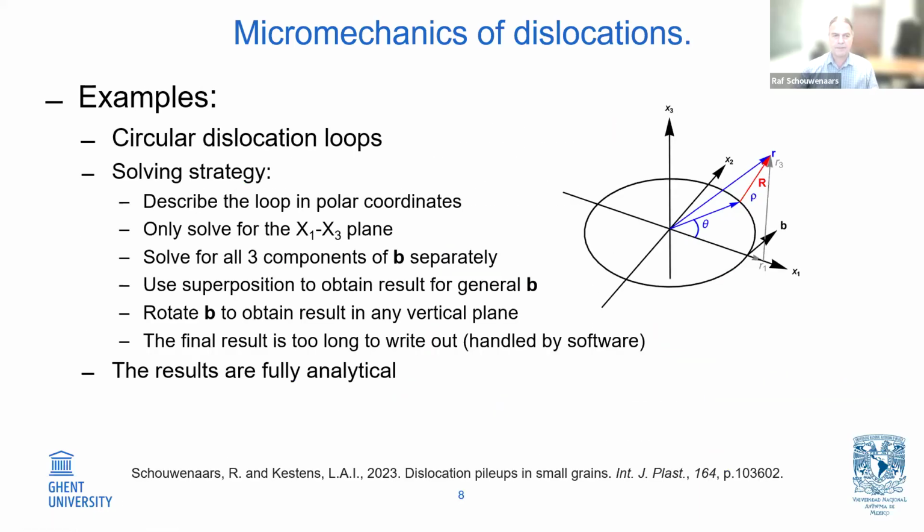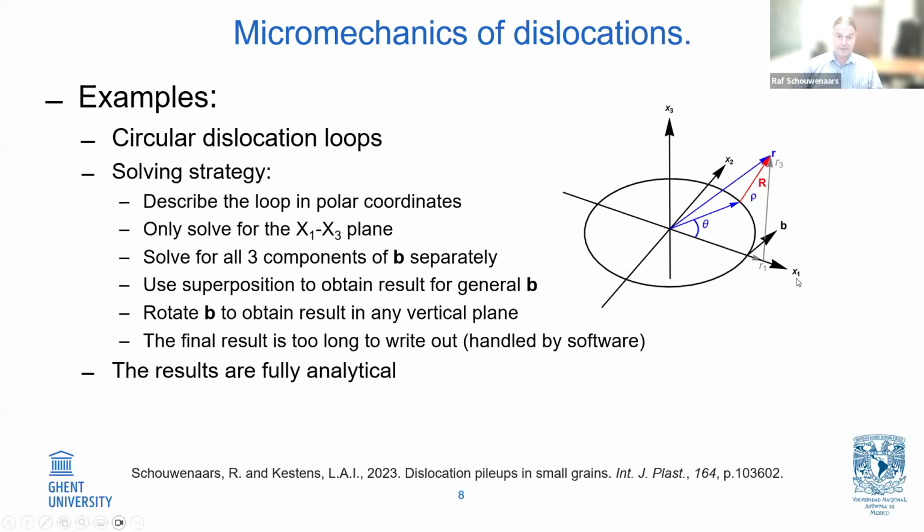So a second example is circular dislocation loops. To calculate that in a very general way is not really easy, but we can start by only looking at the x1, x3 plane. Then the formula becomes a little bit more manageable. Then you solve for all three components of B separately: the climb component, the screw component, the edge component.